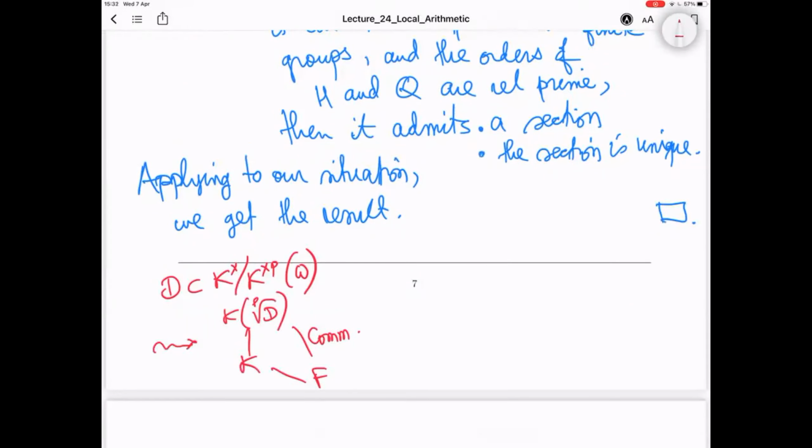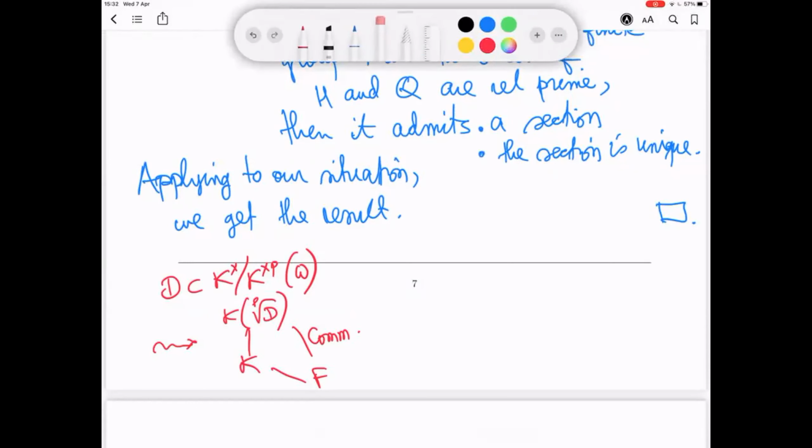I mean, the group is commutative, so the extension is called abelian. This is of degree P, and this is of degree D, where D divides P minus 1. In particular, the GCD of these two things, D and P, is equal to 1.